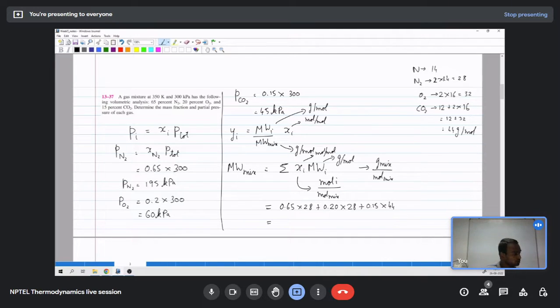So summing this up, I have 31.2 gram per mole of the mixture. So now I need to calculate the mass fraction.